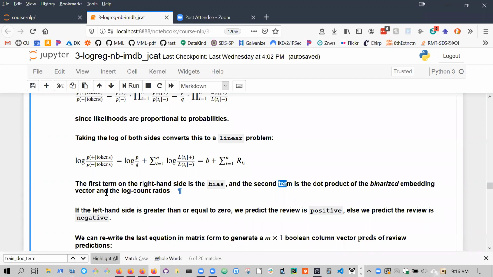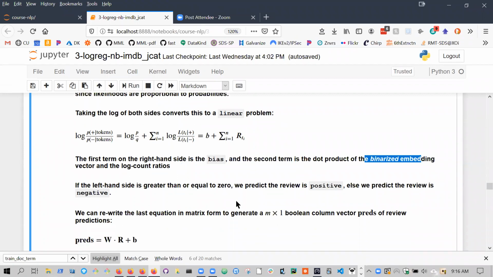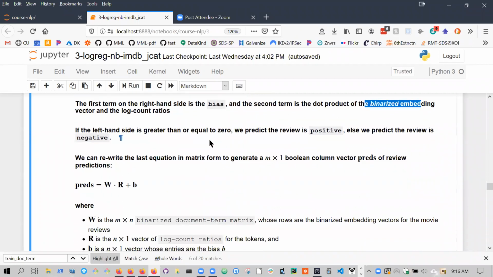And so it's not surprising to me that the binarized form gets a better result, as we'll see later on. It just falls out naturally in the way that naive Bayes is stated. It's already using the binarized embedding vector. That's a subtle point, but that's what I found out when I derived it.